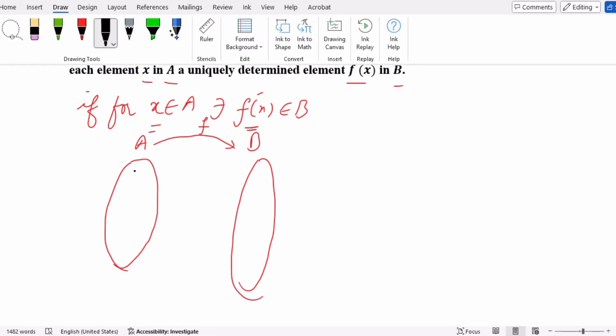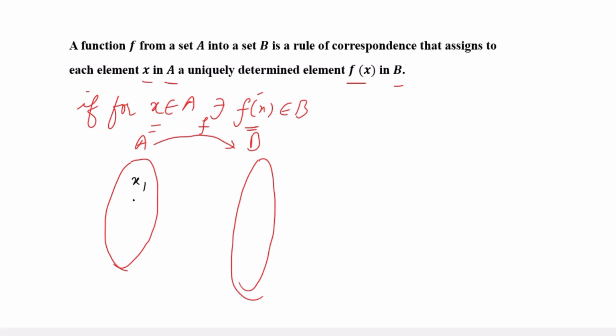Suppose there are some elements in A, that is x1, x2, x3. When you apply f on x1, the element in B corresponding to x1 is f of x1. Here f of x1 represents the value of f at x1.